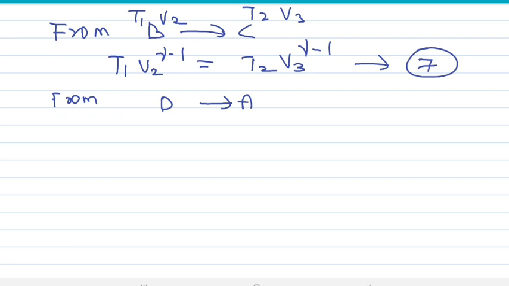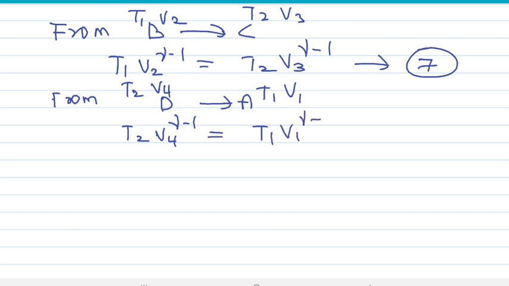Next, from D to A. At D, temperature is T2, volume is V4. At A, temperature is T1, volume is V1. Applying the formula, I get T2 into V4 power gamma minus 1 is equal to T1 into V1 power gamma minus 1. Rearranging, T1 into V1 power gamma minus 1 is equal to T2 into V4 power gamma minus 1. This is equation number 8.